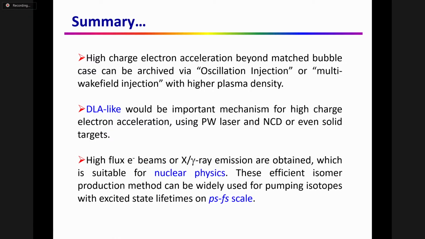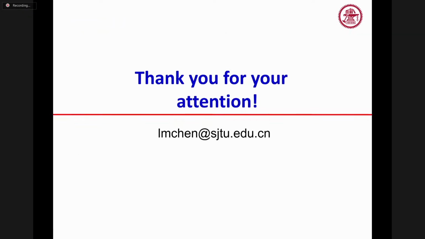The high charge electron beams and X-ray or gamma ray emissions are obtained, which is suitable for nuclear physics. This efficient isomer production method can be widely used for pumping isotopes with excited state lifetimes on the picosecond or even femtosecond scale. Okay, thank you for your attention.